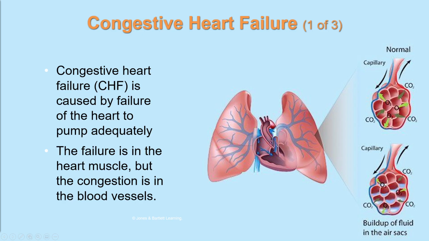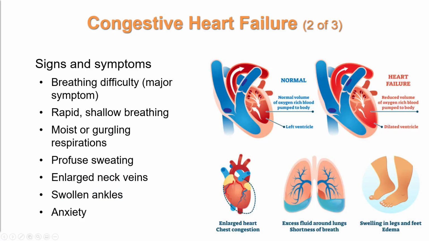The other thing that we will tend to see is pooling of fluid elsewhere in the body, especially in the lower limbs. So we'll see swollen legs and swollen ankles. We'll see enlarged veins. All of these are examples of signs and symptoms that we'd see with congestive heart failure. It's a heart problem, but it can lead to breathing difficulty.